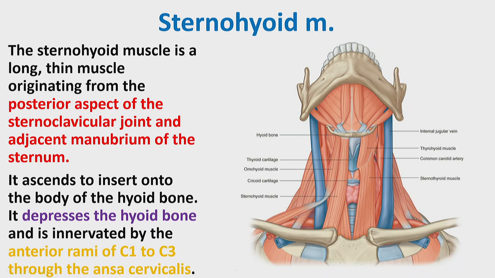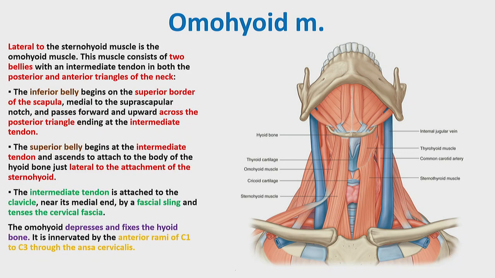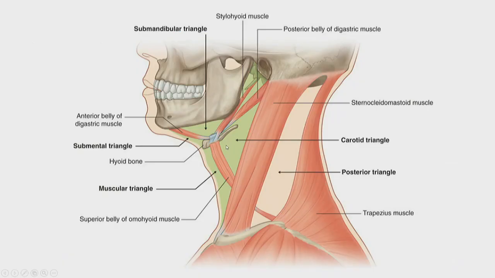And the omohyoid muscle, which is lateral to the sternohyoid muscle, has a superior belly and an inferior belly. Be careful, this omohyoid muscle plays a role in the division of the regions of the neck. So this is the anterior or muscular or omotracheal triangle of the neck, and here is a very important triangle of the neck formed by the sternocleidomastoid, the posterior belly of digastric, and the superior belly of omohyoid.